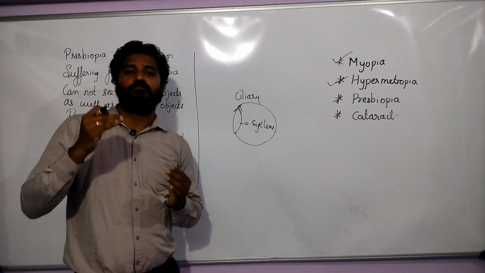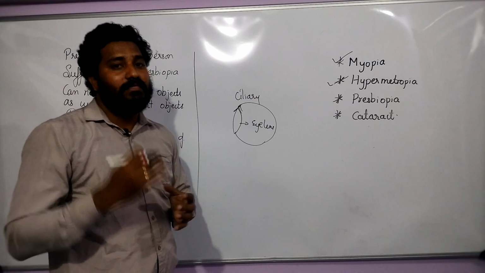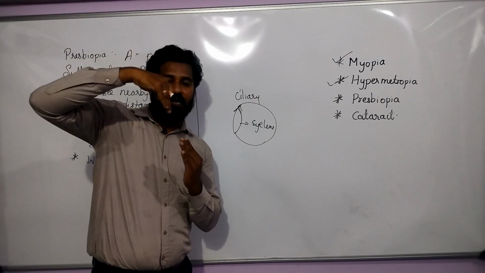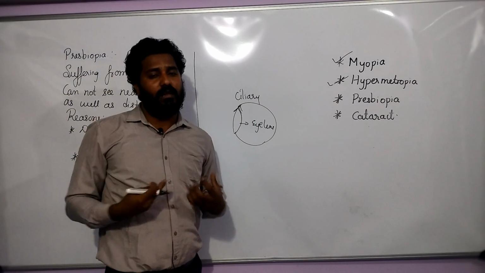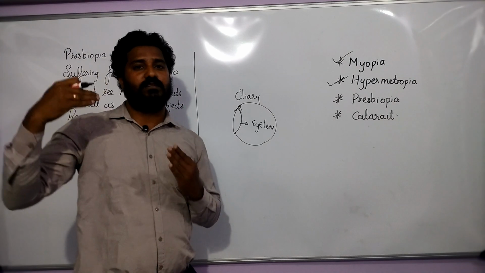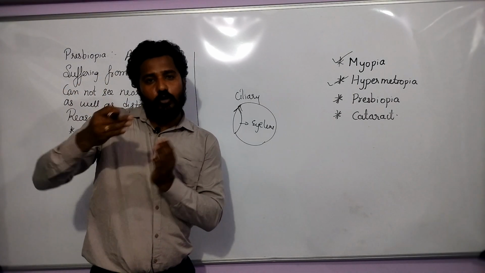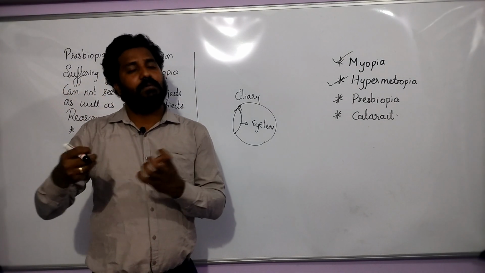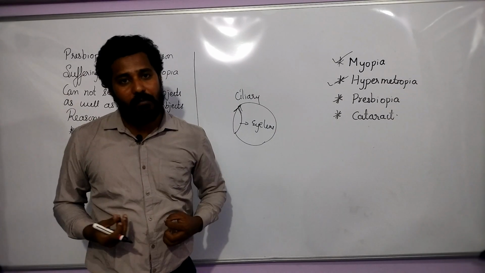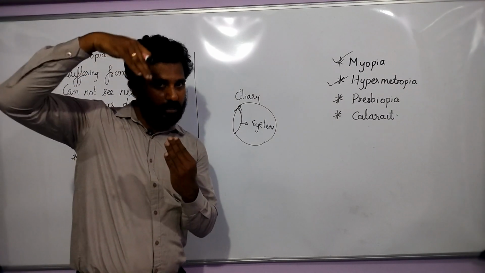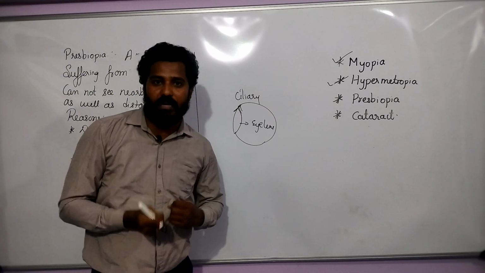The ciliary muscles become so weak that they cannot come closer or move as quickly, because in young age our ciliary muscles work better. So due to aging, they become weak and cannot come closer and go back as quickly.